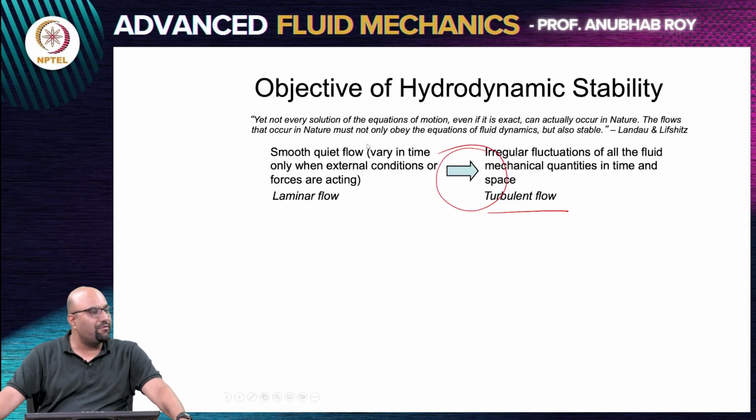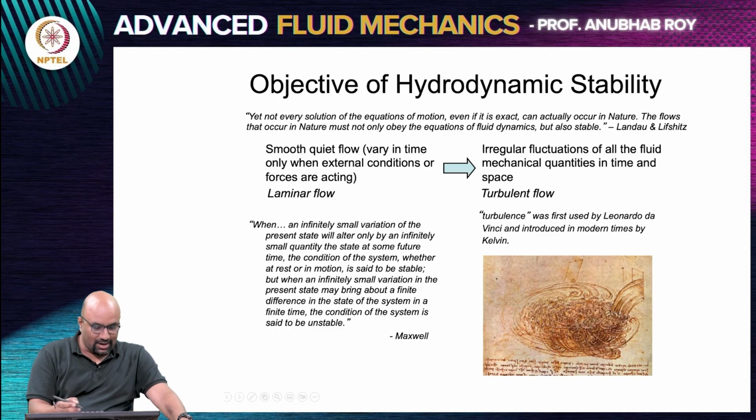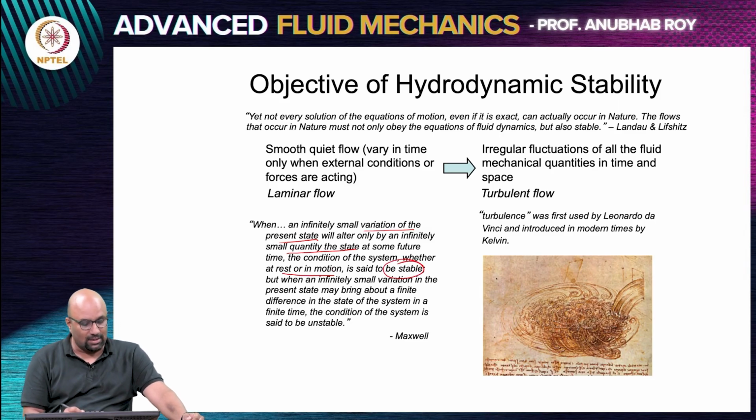What is the pathway going from your laminar state? If you had a channel flow, what would be the pathway going from that laminar state to the turbulent state? This is a question which has been posed several times over the last few centuries, starting from what Maxwell has said: if you have an infinitely small variation of the present state, like that balancing pencil problem, and the system basically stays in its state of rest or motion, then you say the system is stable.